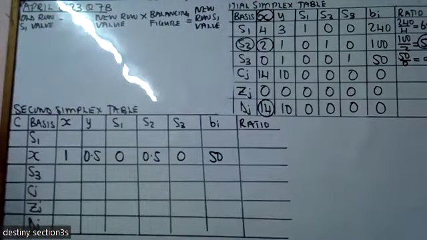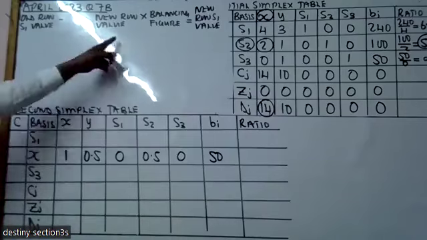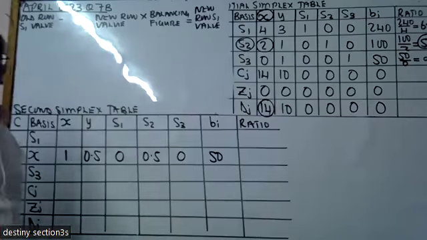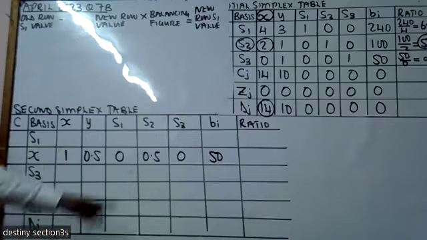Old row S1 value minus new row, tuanze na hii.